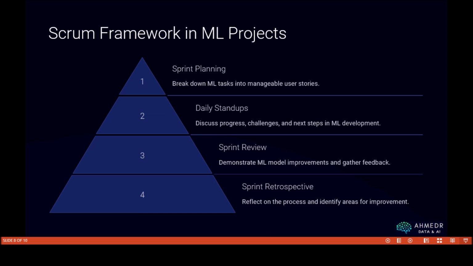The team, including the data scientists, engineers, and product owners, will break down high-level project goals into manageable user stories. A user story could be, for example, collect and clean customer data, while another might be train an initial machine learning model for fraud detection. Each user story comes in a format that has to have the task, the action, and the value.